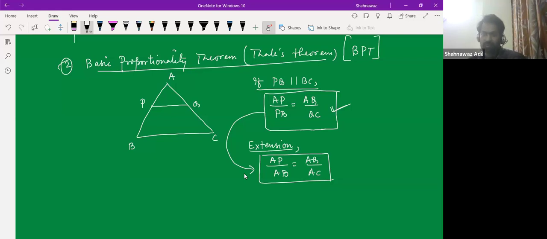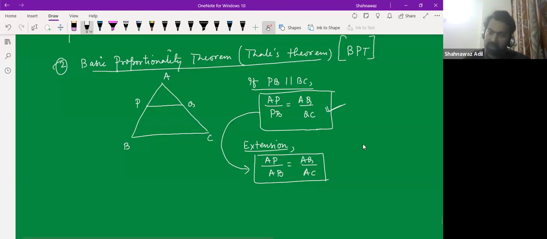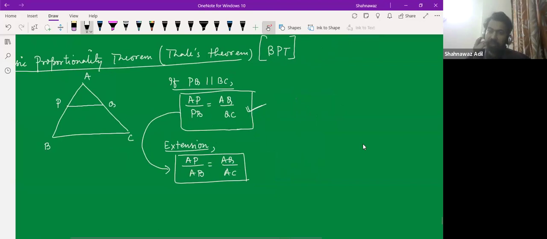Sir, AP by PB plus 1 will be equal to AQ by QC plus 1. Yes, if you add one to both sides, this is the correct idea, but there is some problem in this, because we'll get the reciprocal thing.